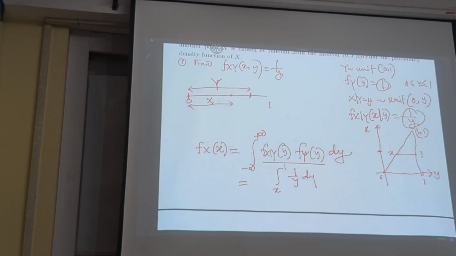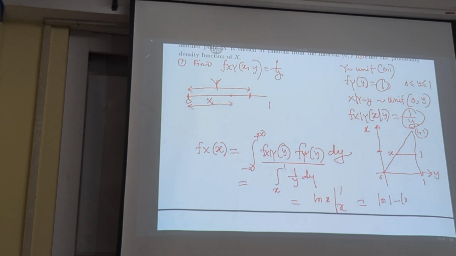And what is the result? Right? Log natural 1 minus log natural x, equal to minus log natural x.